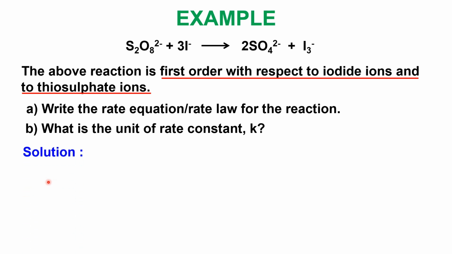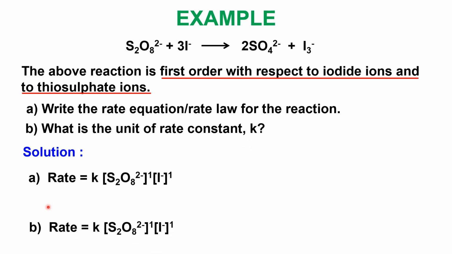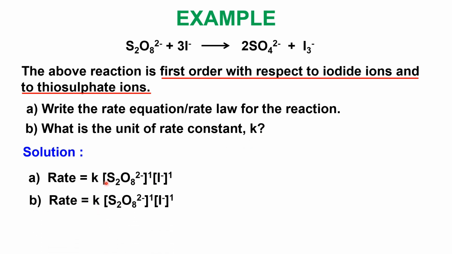So, the rate equation or the rate law is rate is equal to K times concentration of thiosulfate ion to the power of 1 times concentration of iodide ion to the power of 1. Next is unit of rate constant. This is the rate law or the rate equation. So we rearrange the rate law or the rate equation.